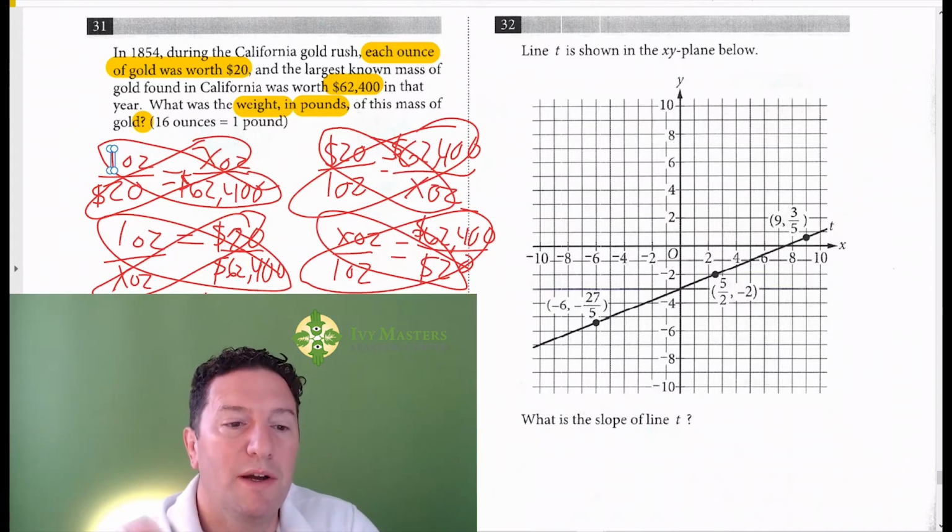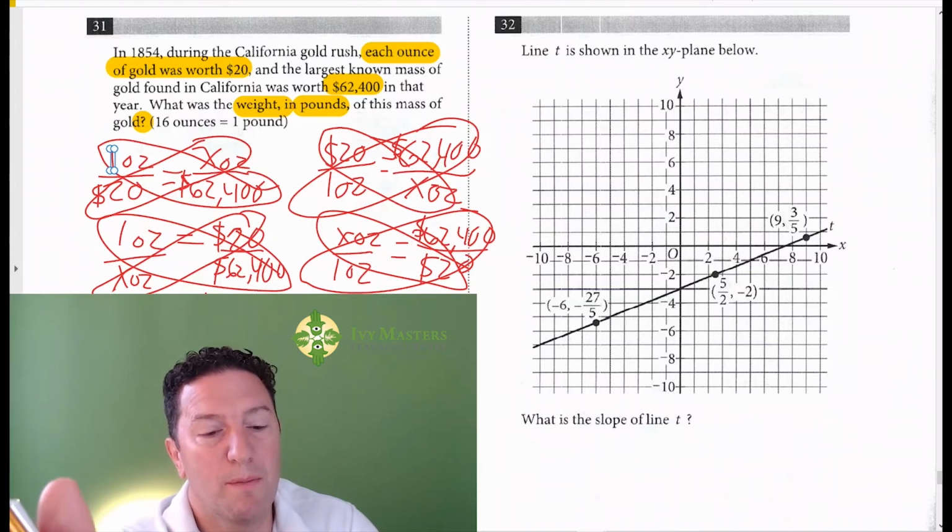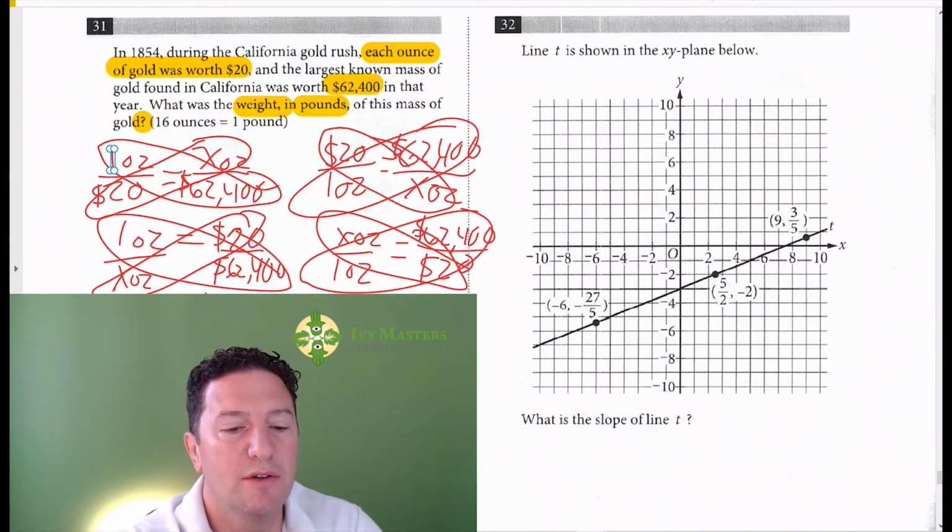But keep in mind, we're looking for pounds here, and this is ounces.